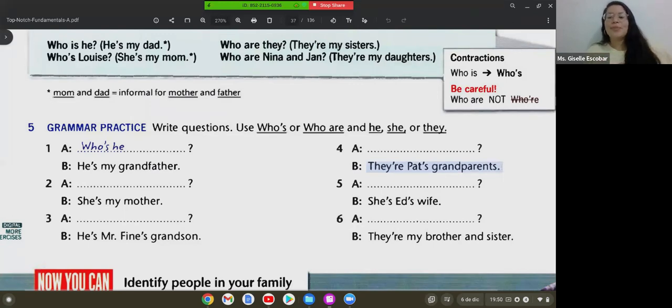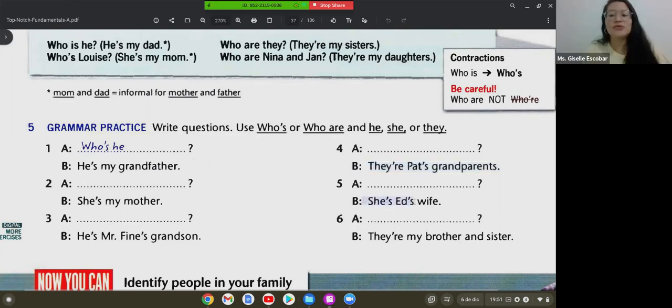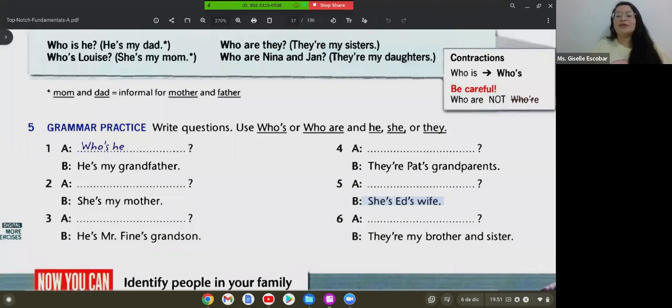Ellos son los abuelos de Pat. Y vean esta oración. She's Ed's wife. ¿Qué está diciendo esta oración? Ella es la esposa de Ed. Exacto. So, presten bastante atención a esta parte.